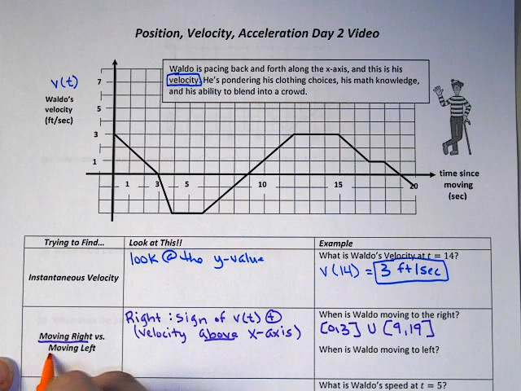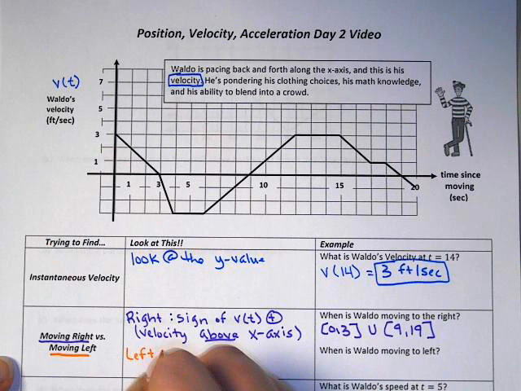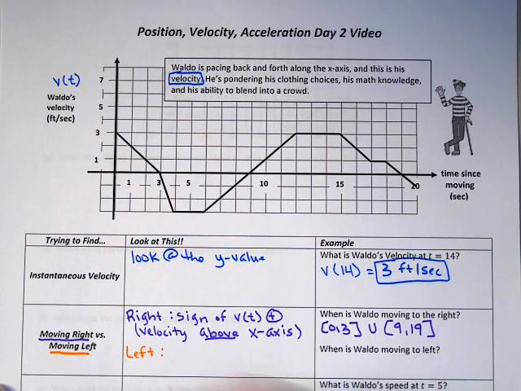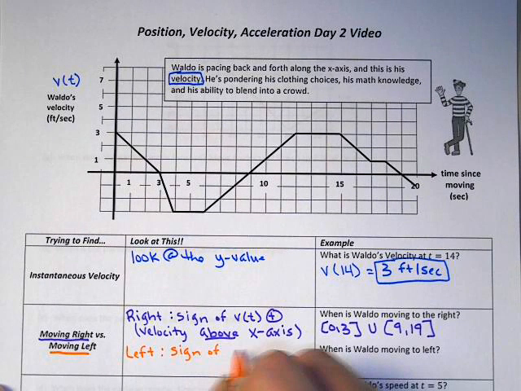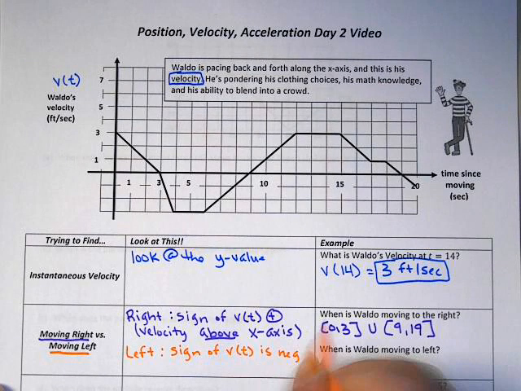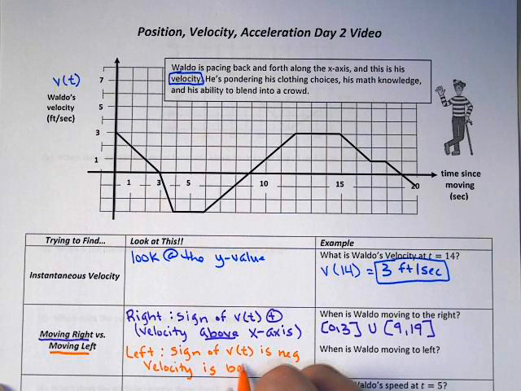Then if we want to know when Waldo's moving to the left, we know that a particle, or in this case Waldo, is moving to the left anytime the sign of the velocity function is negative. So in other words, the velocity is below the x-axis.